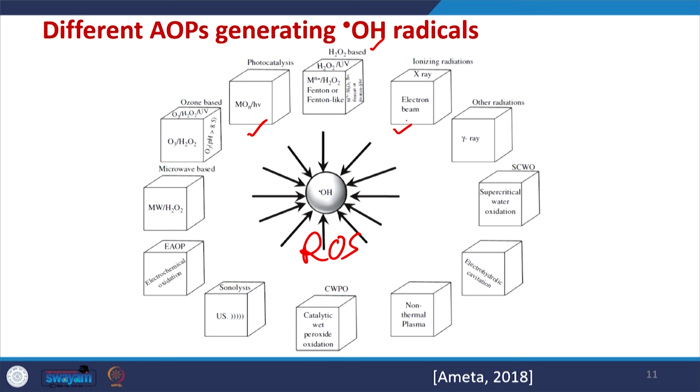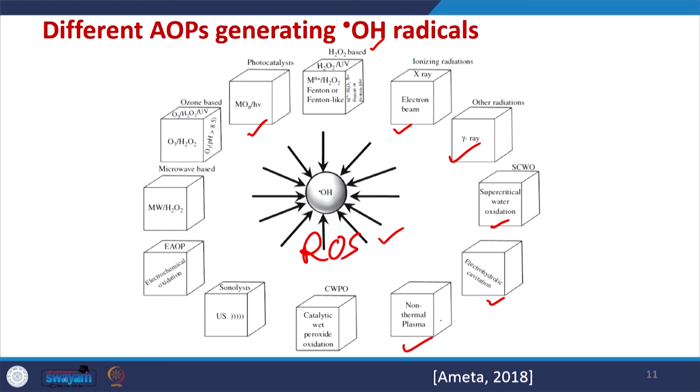Similarly, ionizing radiations like X-rays can be used for producing these species. Other types like gamma rays can also be used. In supercritical water oxidation, we use very harsh conditions of temperature and pressure for producing reactive oxygen species. Similarly, ultrasound, that means electrohydraulic cavitation techniques, can also be used. Ultrasound may be used, some other methods of cavitation generation can be used, and they will be able to produce the hydroxyl radical.